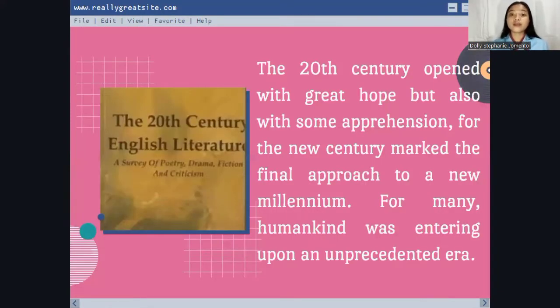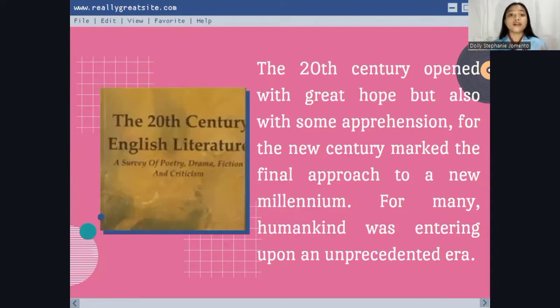So the 20th century opened with great hope, but also with some apprehension, for the new century marked the final approach to a new millennium. For many, humankind was entering upon an unprecedented era. So the 20th century was dominated by significant events that defined the modern era.